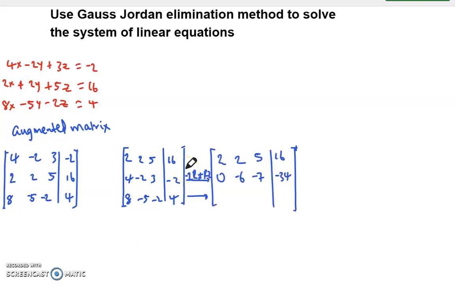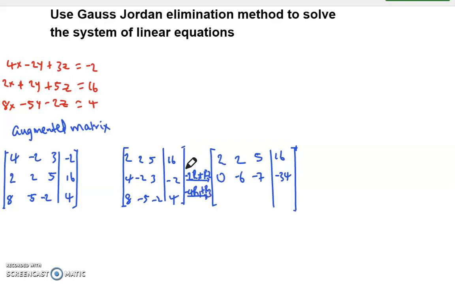Having reduced this 4 to 0, we also need to work on the third row, and our target is also to reduce 8. We have 8 here, and we need to reduce it to 0, just like the way we reduced this 4 to 0. To do this, we might need to do -4 row 1 plus row 3.